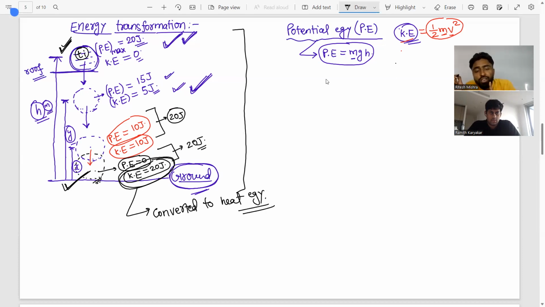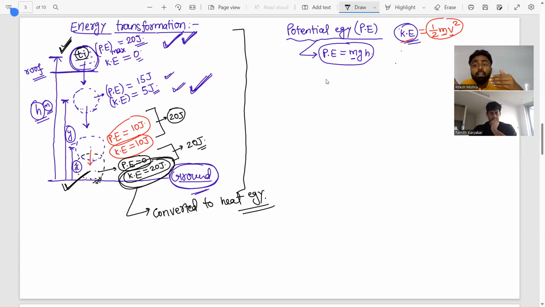Because the balloon hits the ground, then the whole kinetic energy will be converted to heat energy due to friction between balloon and ground.